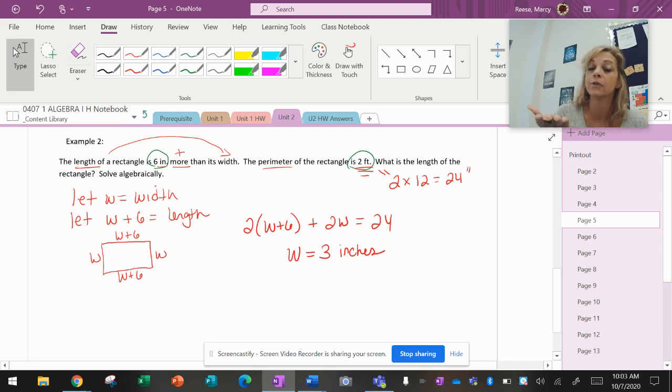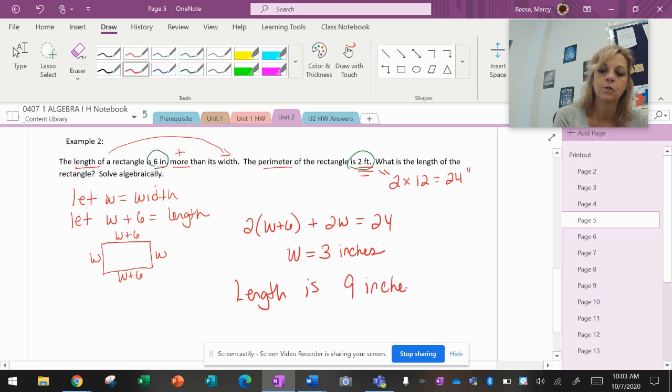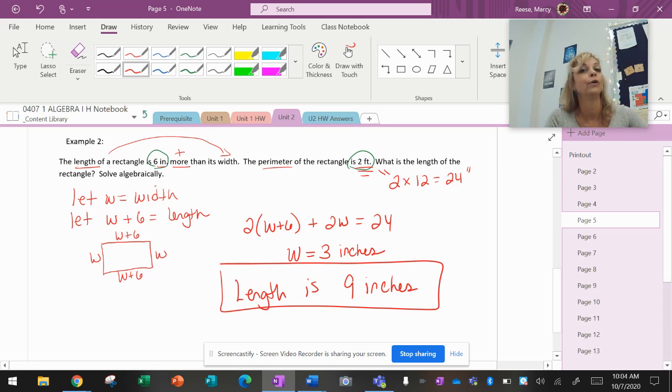That's not reasonable for this scenario because you can't have negative inches, you can't have negative measurement. But the other piece too is it says, what is the length of the rectangle? I found the width. So I have to say the length is, remember, the length was 6 more than the width. So the length is 9 inches. That's why that last step is actually really important.